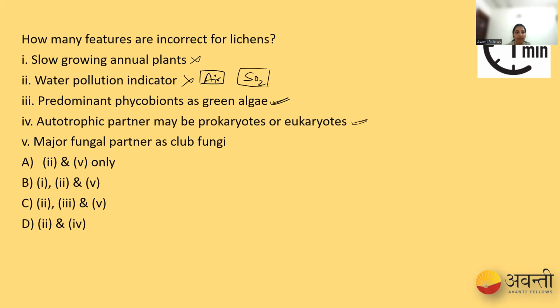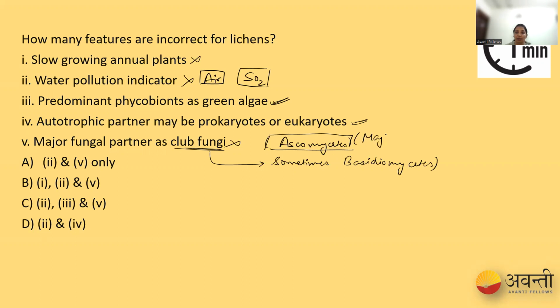Fifth says major fungal partner as club fungi. This is incorrect. The major fungal partner is Ascomycetes, and sometimes it is Basidiomycetes. The fifth statement says major fungal partner is club fungi. You know that club fungi are the Basidiomycetes. But the major fungal partner is the Ascomycetes.